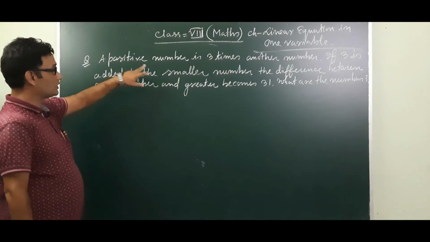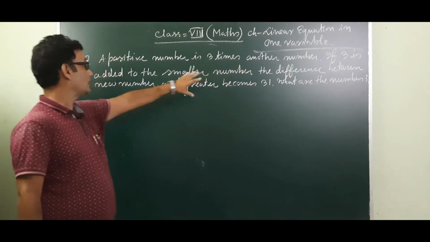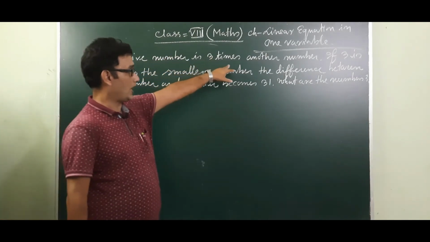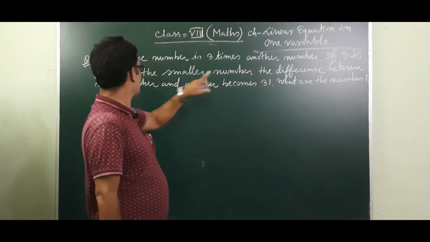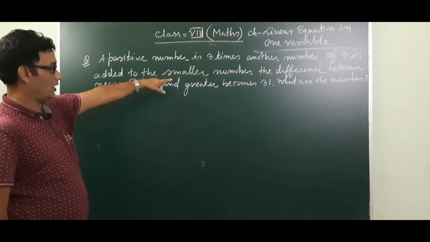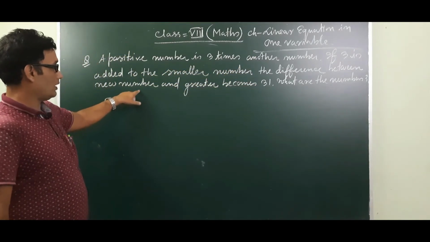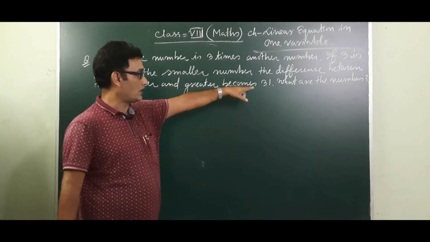Okay, for example, you see this one is a language question, how to solve. Here you see, a positive number is 3 times another number, full stop. If 3 is added to the smaller number, the difference between the new number and the greater number becomes 31.